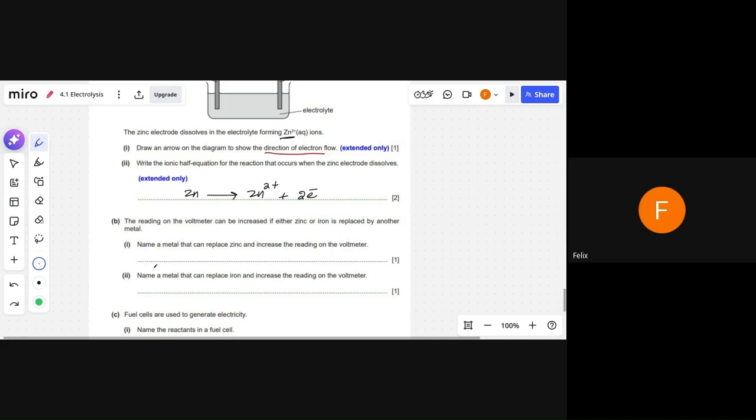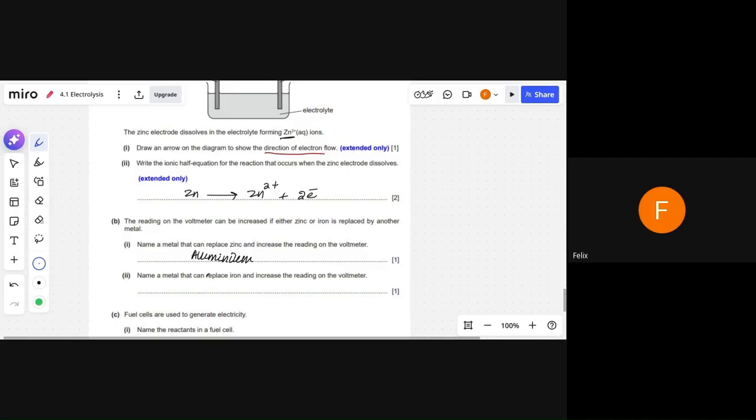It says name a metal, so you can say aluminum or magnesium. Let us write aluminum, because it is above zinc in the reactivity series.